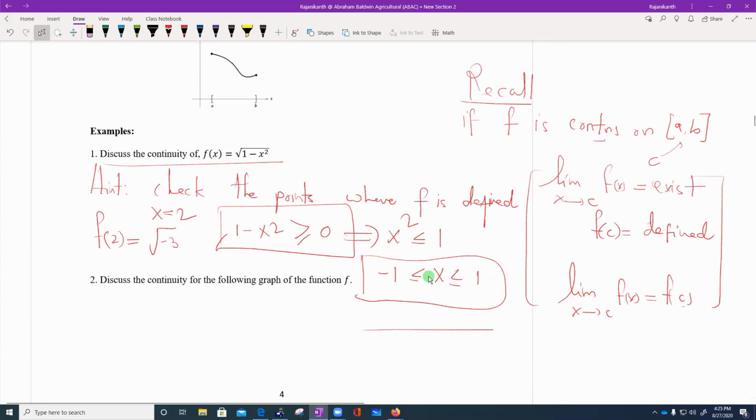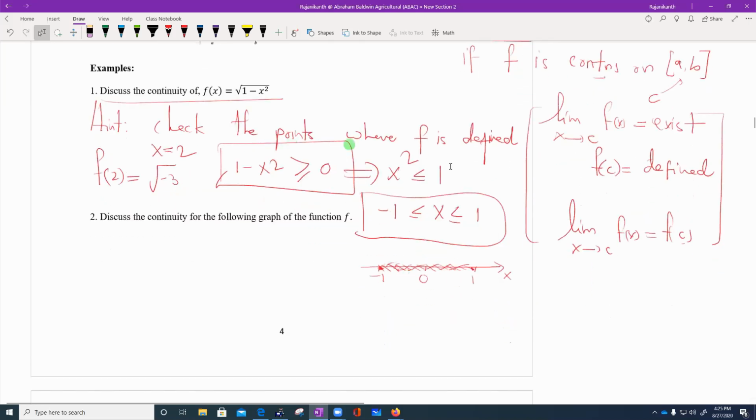So if you draw a real line, 0 is here, -1 is here, this is 1, these are my x values. So the domain of the function is nothing but -1 to 1 inclusively. These two points are included. Therefore, the function is defined only for these values.